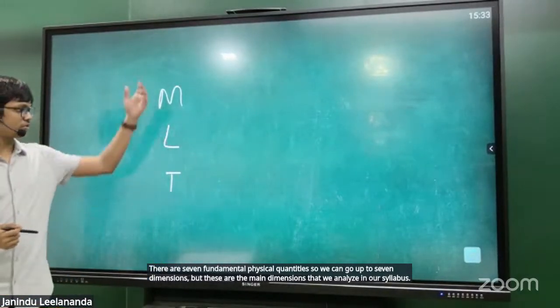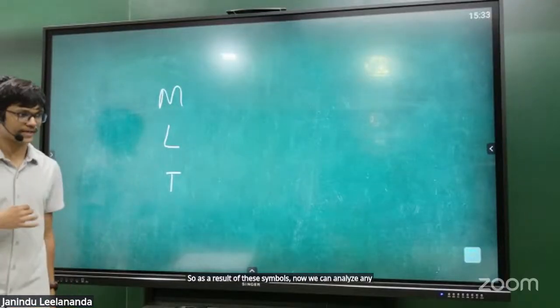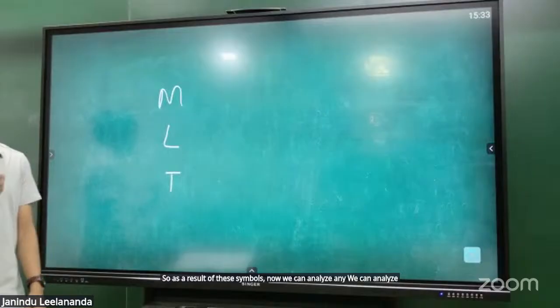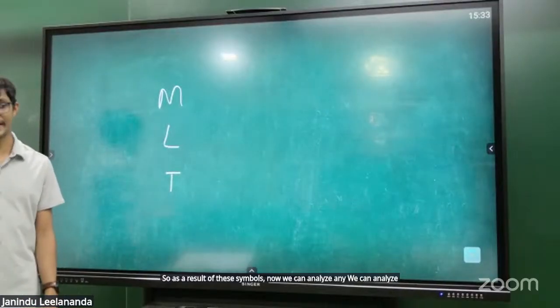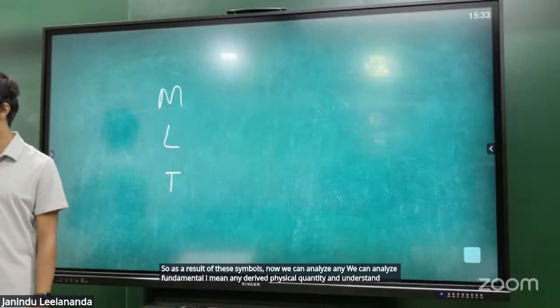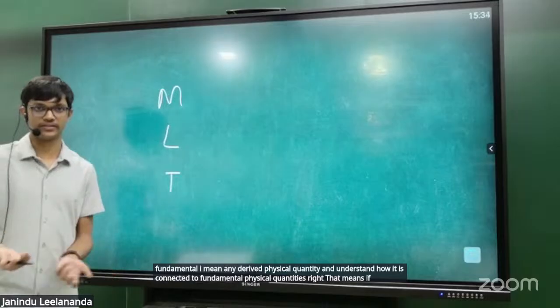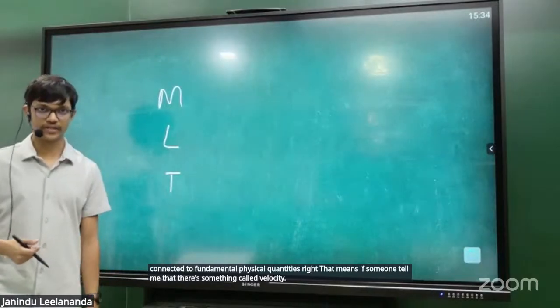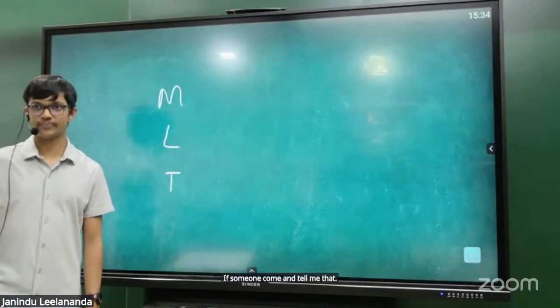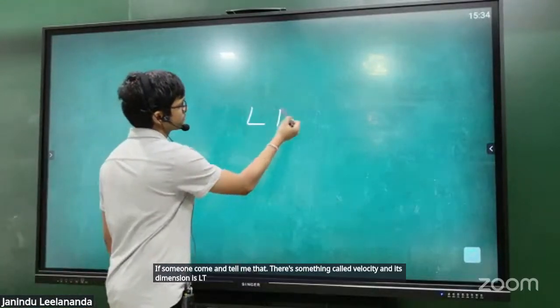So as a result of these symbols, now we can analyze any derived physical quantity and understand how it's connected to fundamental physical quantities, right? That means if someone comes and tells me that there's something called velocity and its dimension is LT minus 1, okay?